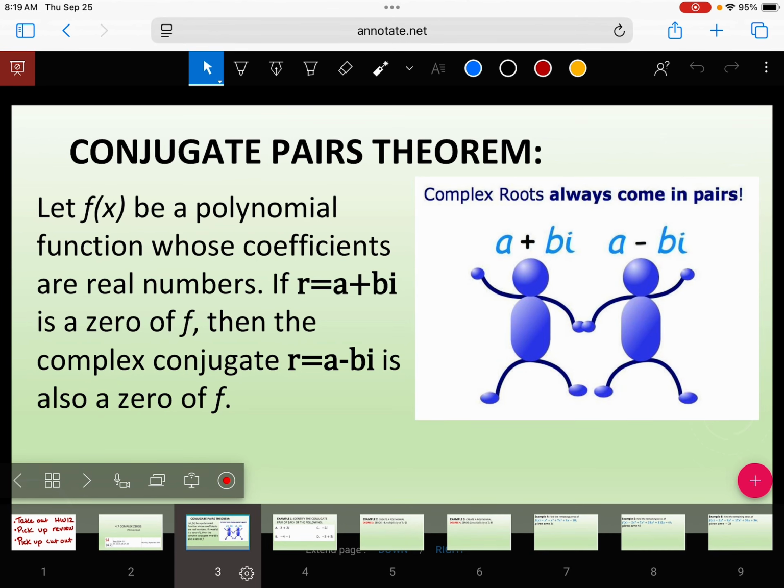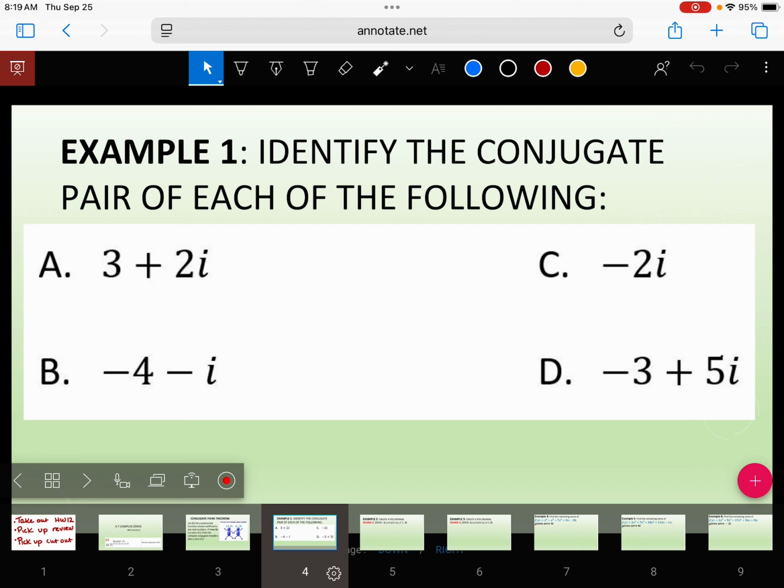All right, so let's go ahead and copy down example 1. All you're going to do is write your conjugate. Because remember, they always come in pairs. So you have 4 different imaginary complex roots. And you're going to write the conjugate of each root.